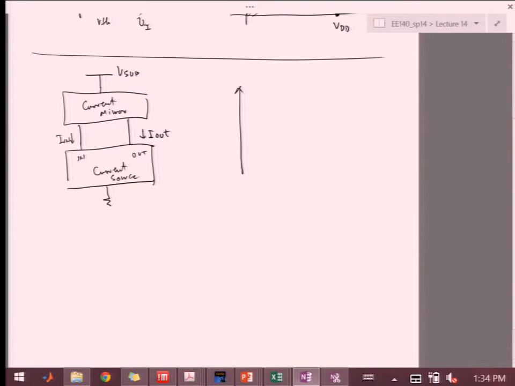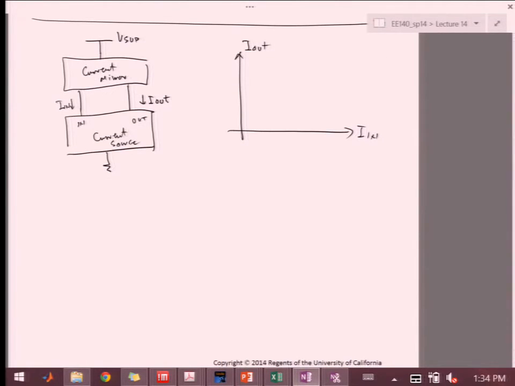And in fact, if you take a look at this type of arrangement, if we draw the I out versus I in for this type of circuit, we have two curves that we're trying to match. One is a straight transfer line, which is our current mirror.